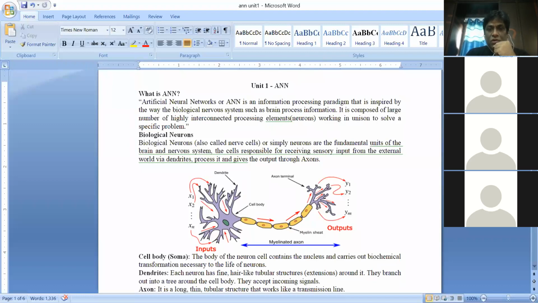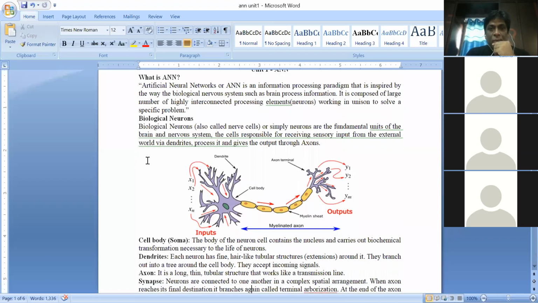So how to design this? For that purpose, we need to understand how a biological neuron works and how all these biological neurons in a human brain system are interconnected together, what the parts of a single biological neuron are, what the responsibility of each part is.